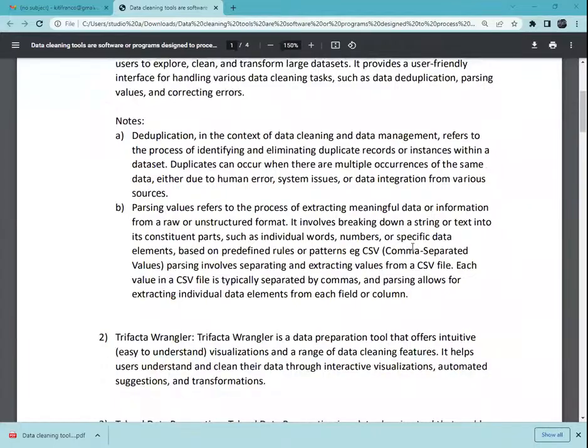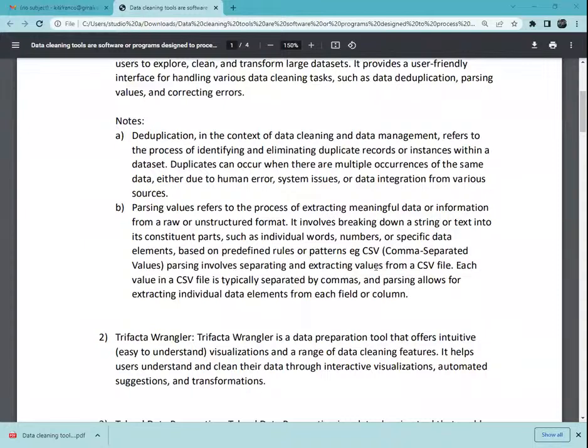Then we have parsing values, which refers to the process of extracting meaningful data or information from a raw or unstructured format. It involves breaking down a string or text into its constituent parts, such as individual words, numbers, or specific data elements based on predefined rules or patterns. E.g., these comma-separated values, if you can remember what we call the CSV.